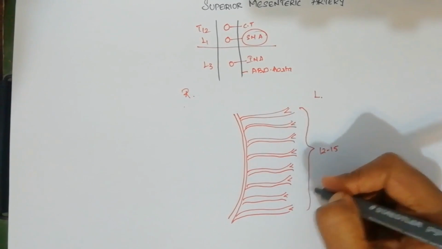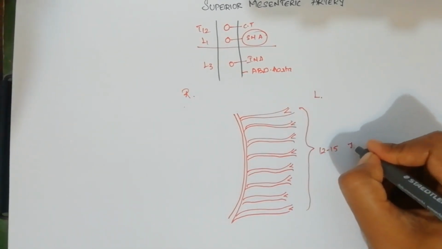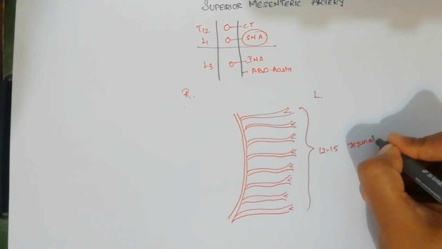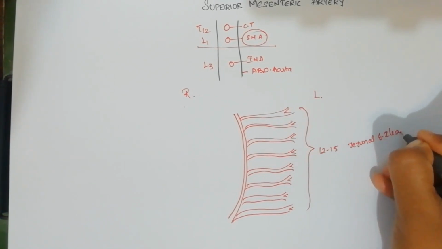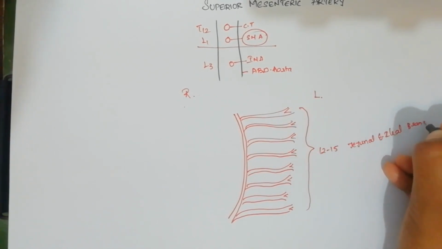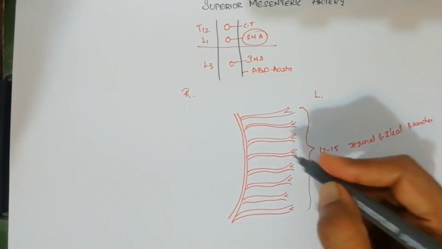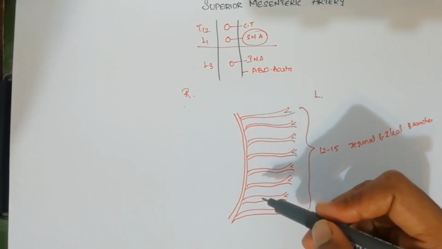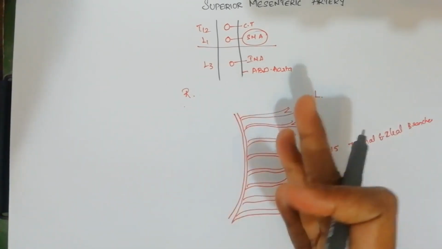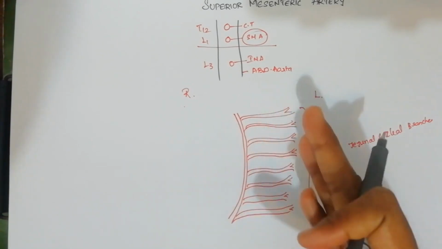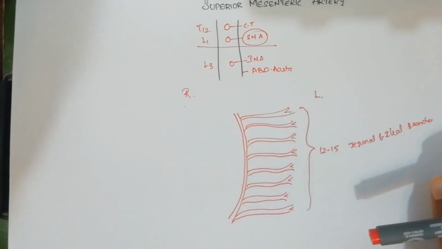These arteries are called jejunal and ileal branches, coming out from the superior mesenteric artery from its convexity, that is from its left side, to supply the jejunum and ileum.